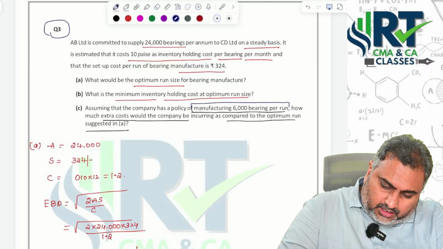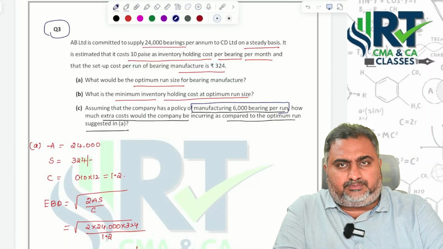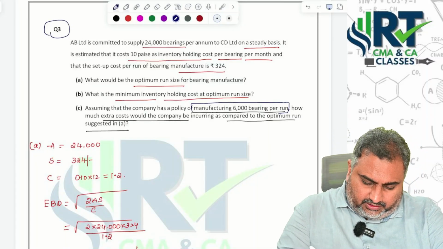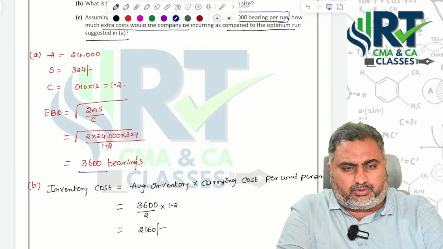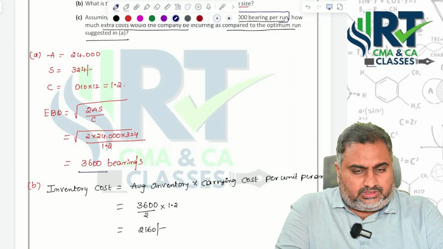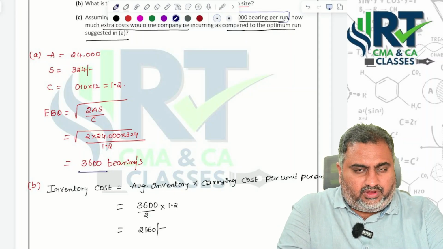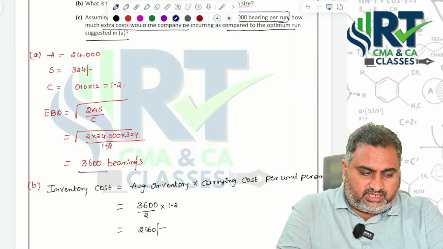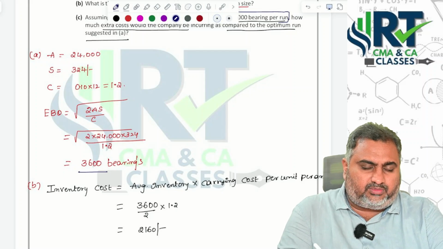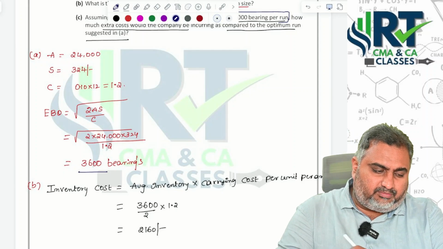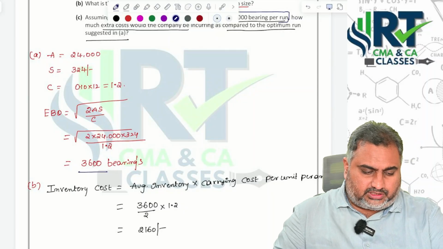Now, they want to order 6,000 bearings per run. Previously it was at EBQ, where one batch, one production run, meant 3600 bearings. But when it comes to 6000 bearings, how much extra cost will you incur if you don't run the optimum run size? So if I want to compare, I need to compare between both situations.